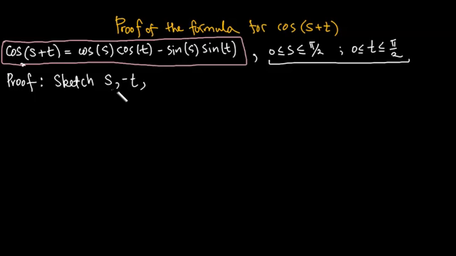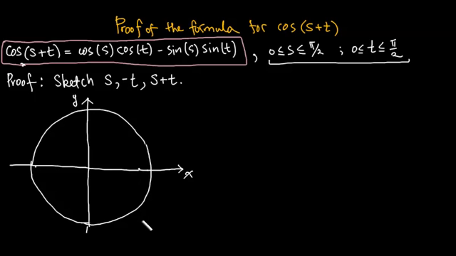So what we're going to sketch is angle S, negative T, and angle S plus T. If you sketch these three angles and label the x and y coordinates, everything else is pretty much algebraic work.